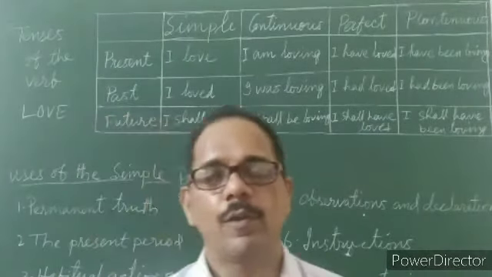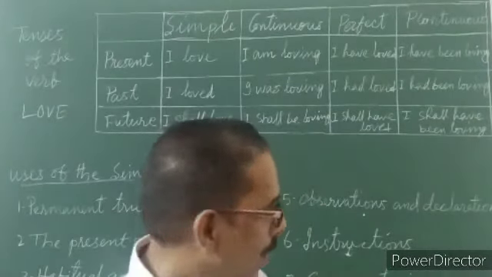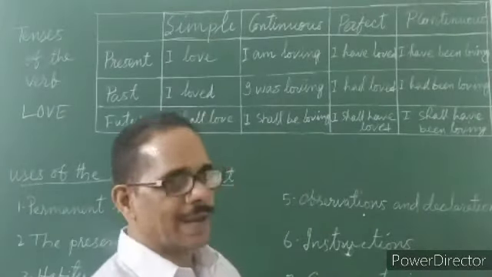And the fifth one is observations and declarations. Observations is what you have observed, what you have noticed. And a declaration is making a statement. You are declaring, making a statement.